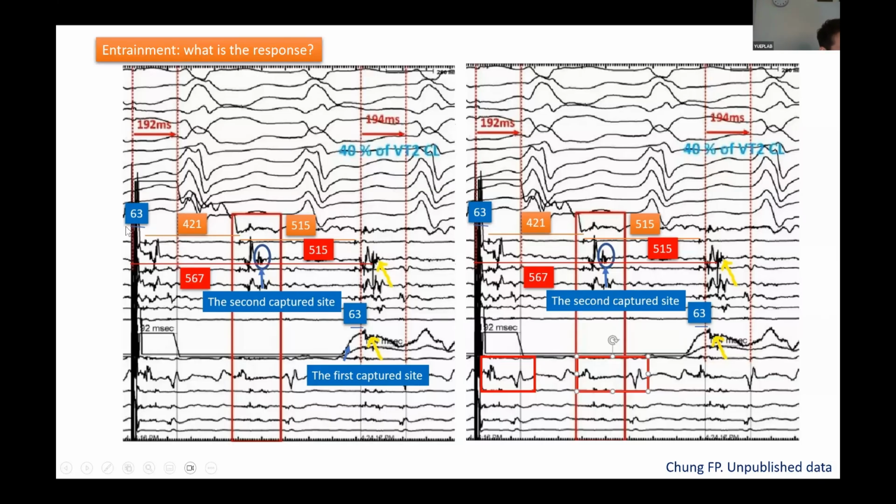But what happened to the local electrogram? You can appreciate it's very funny, because your pacing spike starts here. So when this signal to this one is less than this signal to this one, it's very unusual. However, if you look at this signal, when you measure from this capture and go to this one, it's quite longer compared to this one.